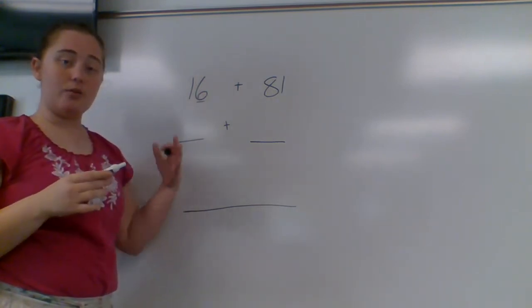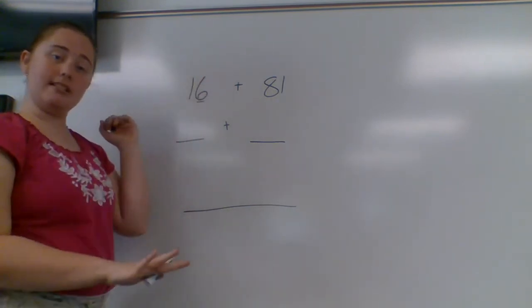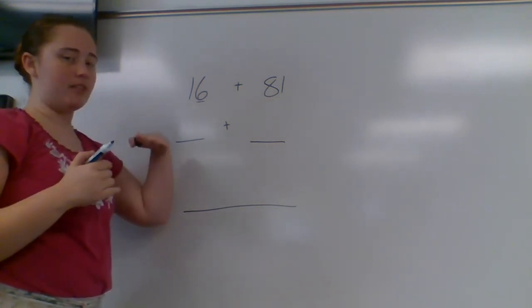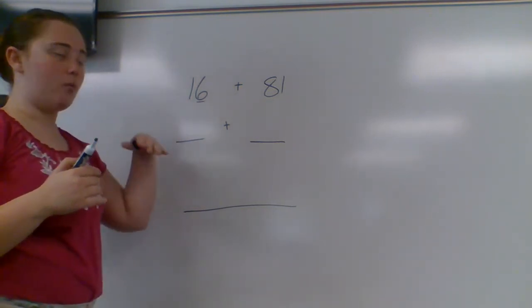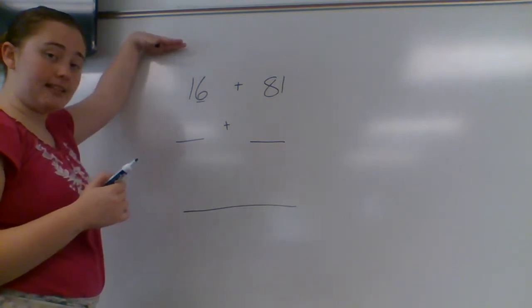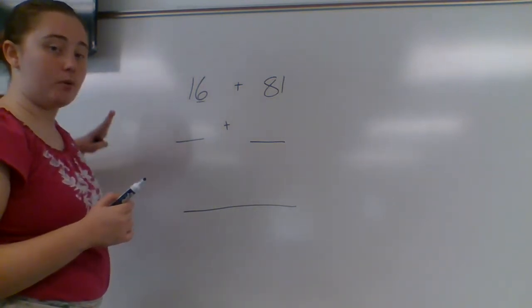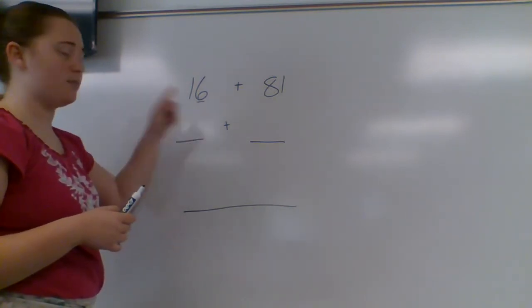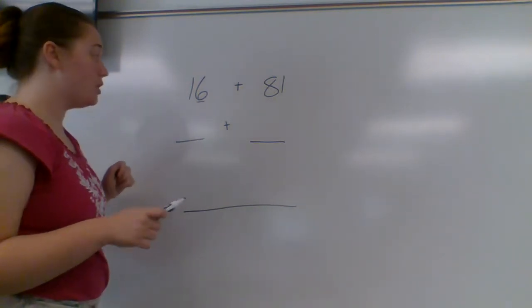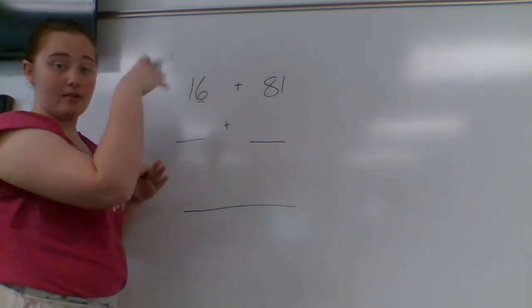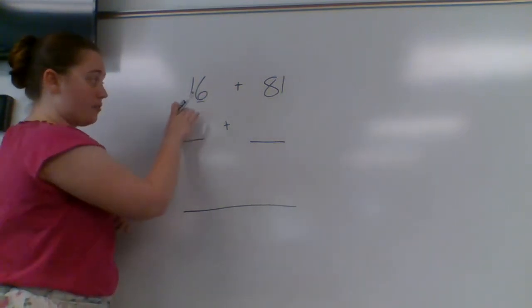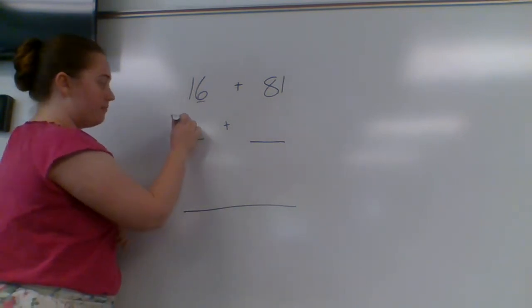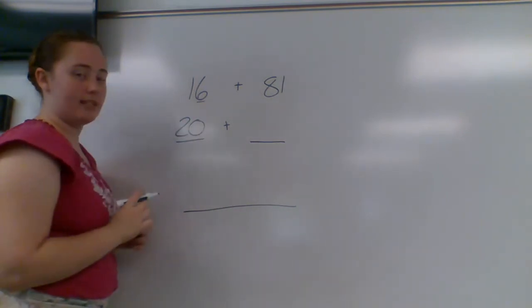And is 6 closer to 10 or 0? Well, 6 is a little bit closer to 10. Remember, if the number is 5 or higher, we're going to round up to the next 10. If it's 4 or smaller, then this tens place is going to stay the same, and the ones place is just going to become 0. So 6 is higher than 5, so we will consider this rounded up. It's rounded up to 20. So we're going to put 20 right there.